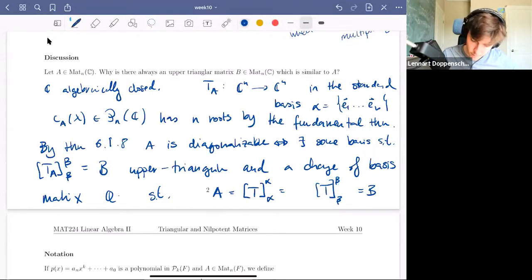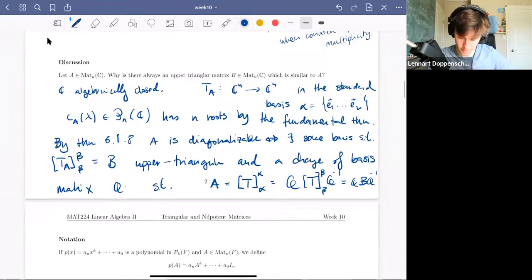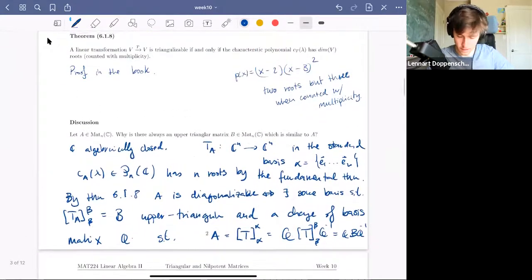There's some Q and Q inverse such that we can change the basis. And this means A and B will be similar exactly by this change of basis transformation. Any questions?